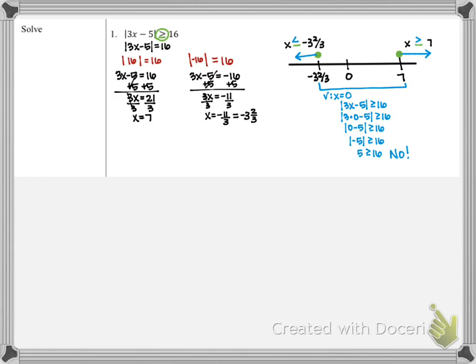Now, one other thing. If we take a look at this, if the two graphs are running away from each other, there's one other thing that needs to be added in here, and it's the word or. Any of your answers can be on the left-hand piece by the -3 2/3, or your answers could be on the right-hand piece. But the numbers can't be in both places simultaneously.